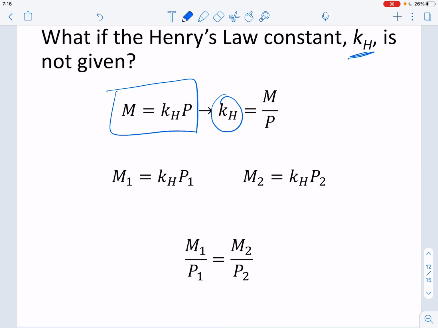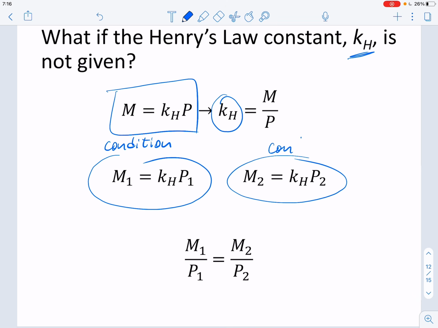Now this is useful because if you have a gas and you have different conditions of pressure and you want to know what the concentration is, then we can write this is condition 1 and this is condition 2. It's the same gas, okay? This is really important. We are working with the same gas.